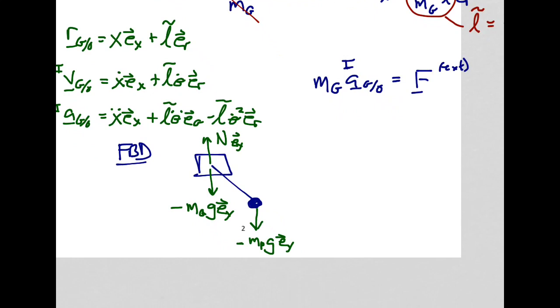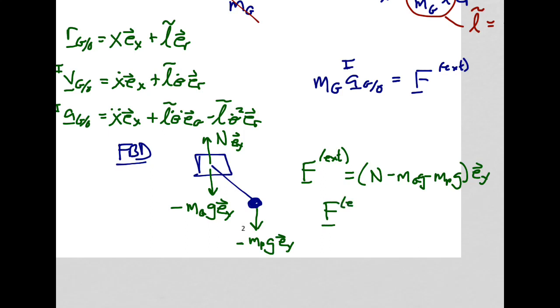When we add this up, our total external forces are equal to N minus MQ g minus MP g in the EY direction, or we can also write that as our total external forces are N minus mg multiplied times gravity in the EY direction.